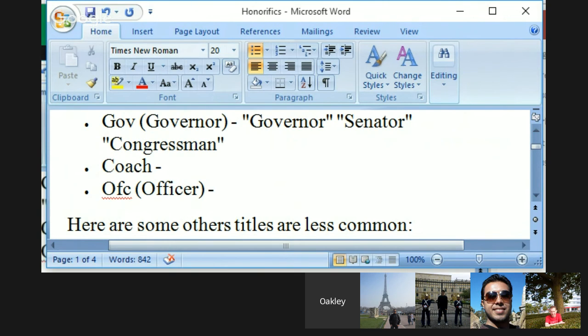Someone who is a bureaucratic officer at a governmental institution, for example, or at a commercial or industrial company.